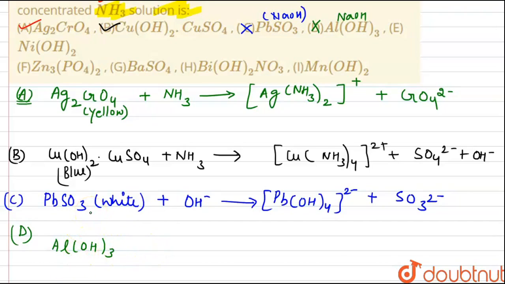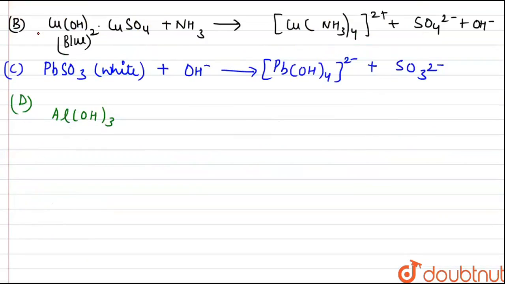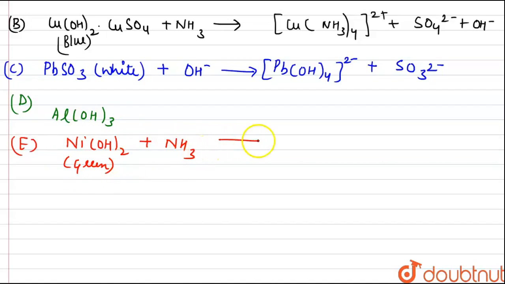Now the fifth one is nickel hydroxide, that is Ni(OH)2. It is green in color, and when it reacts with ammonia, the product we get is a complex of nickel and ammonia, that is [Ni(NH3)6]2+.